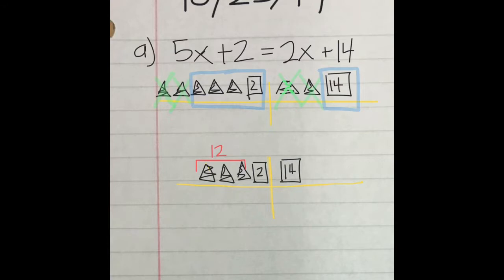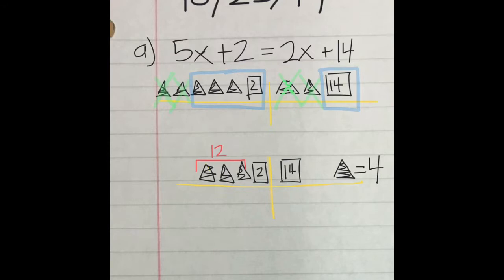I know that if I evenly distribute 12 divided by my 3 triangles, I will end up with 4. So I am going to guess in this problem that a triangle is equal to 4.